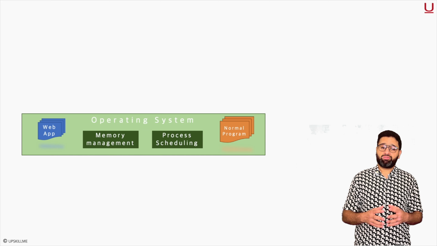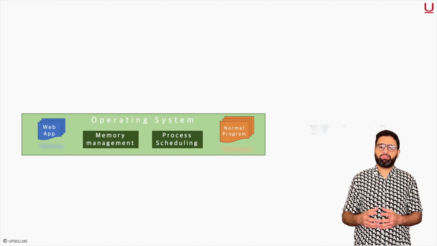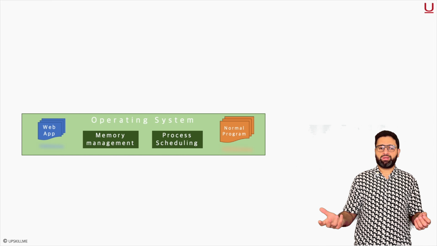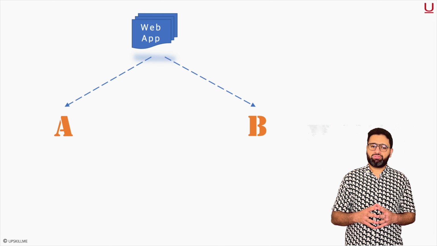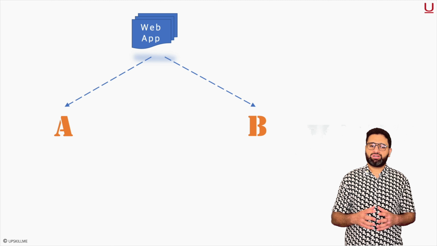From the perspective of a computer, there is no difference between a normal program and a web application. However, there are major differences in how we as software developers package an application into a runnable artifact. Mainly, there are two different types of packaging methodologies, and this is what I meant by architecture.